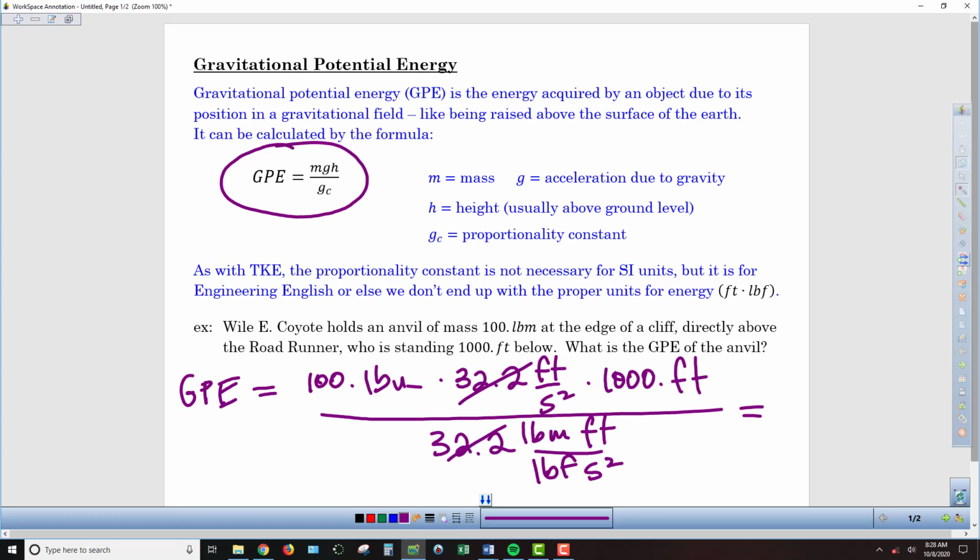And so our answer rounded to 3 significant figures is going to be 1.00 times 10 to the 5th foot-pound force. And recall, we could report our answer in horsepower as well, but generally speaking, we'll limit ourselves to using foot-pound force as that energy label for engineering English.